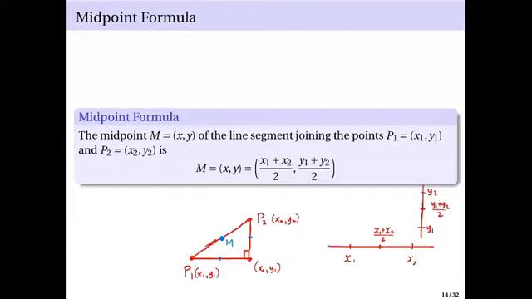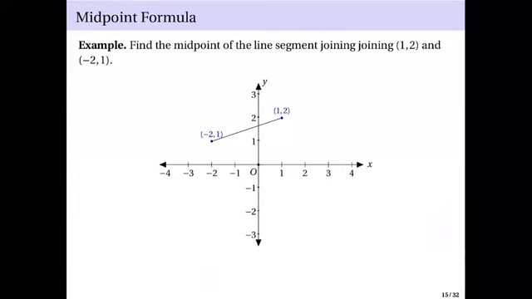So, let us try this example here. Earlier we calculated the distance between these 2 points. Now we just want the midpoint. So the midpoint is somewhere here. Okay, so we use that formula. For the x, you have 1 plus negative 2, and then you divide it by 2.